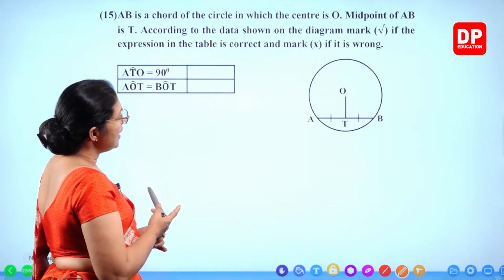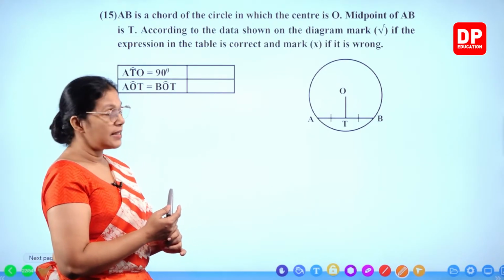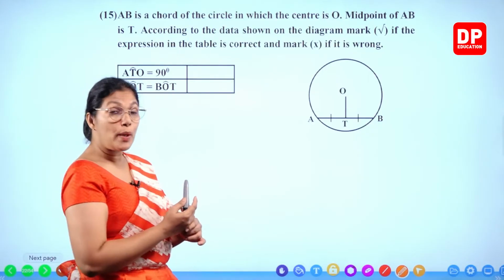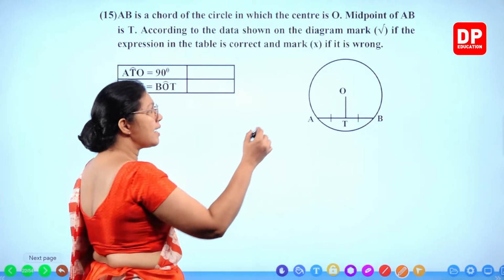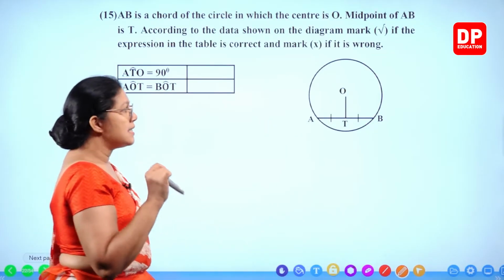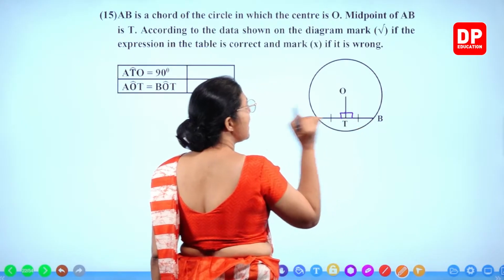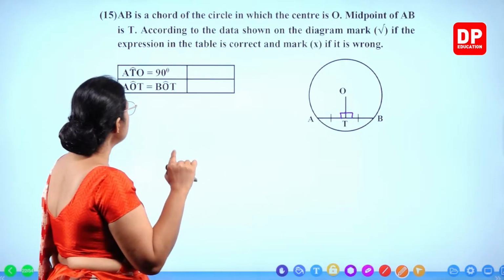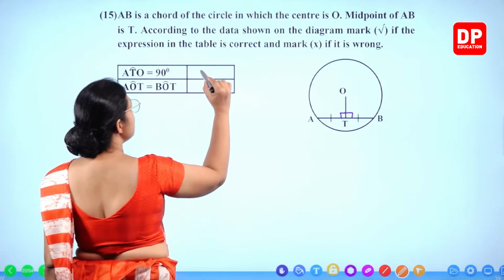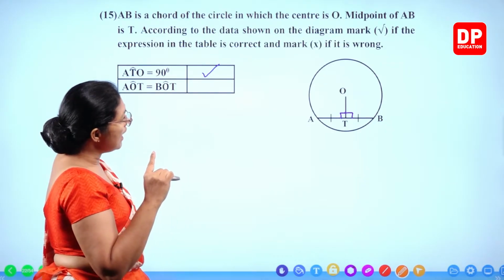Angle ATO is 90 degrees. Is that correct? Yes, it is correct because we know when you connect the center and the midpoint of the chord, it is perpendicular to the chord. So we know that this is 90 degrees. So angle ATO is 90. That's correct. What is AOT?